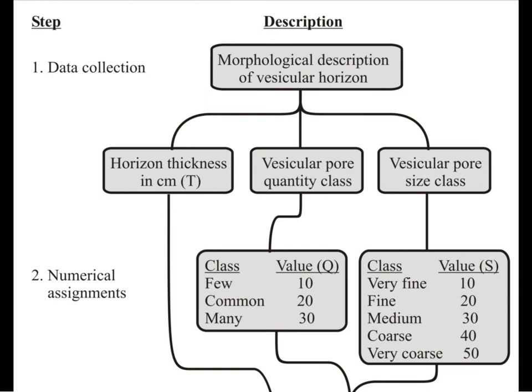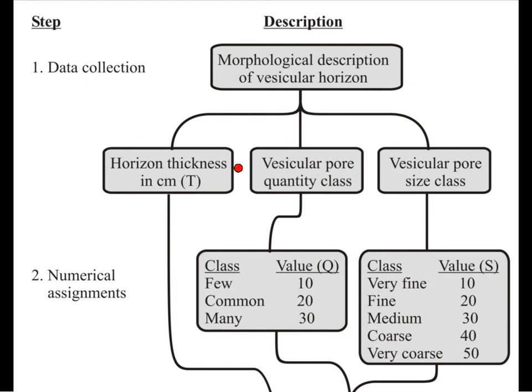The first was the simpler approach, which I could just directly calculate based on field observations. The advantage to this was that I could also use existing data and apply this technique in order to quantify vesicular horizon development from existing field descriptions. So I started out with some morphologic description, and I extracted three values.